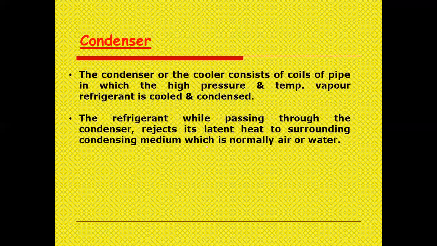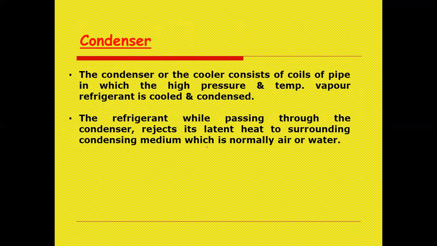Next one, the condenser process. Condenser is a unit or a cooler. It is a cooler in the form of pipe at the backside of a fridge. A condenser or a cooler has coils of pipe in which the high pressure, high temperature vapor refrigerant is cooled and condensed.